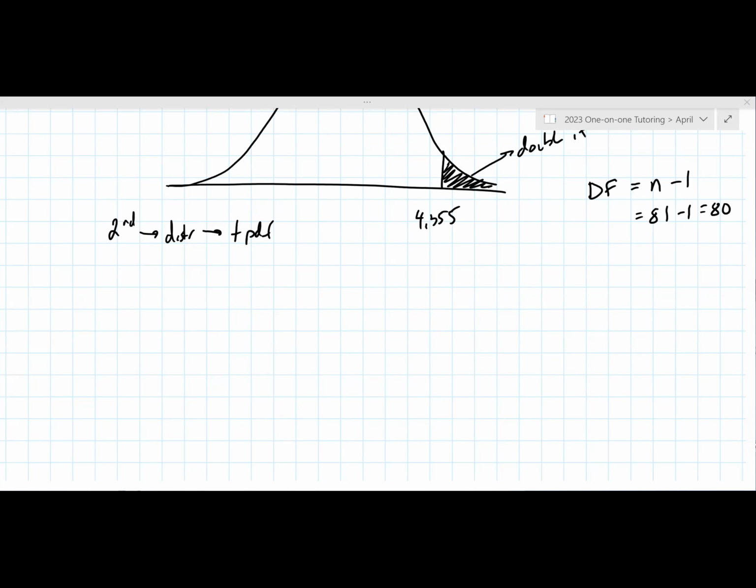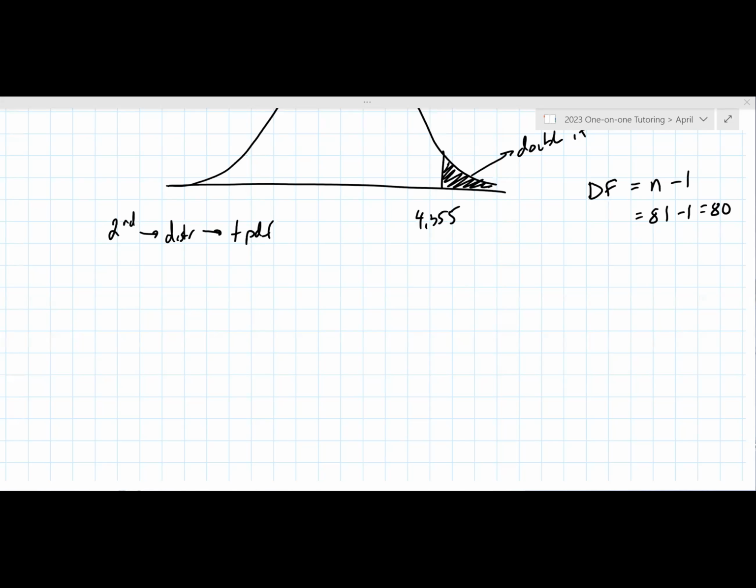X comma V. All right, let me try this here. So we're going to go 4.355 comma 80. Let's see if that actually works. Okay, didn't seem to like that.